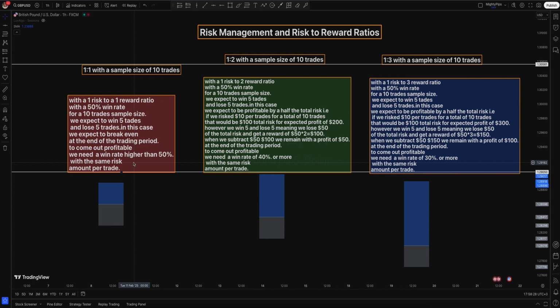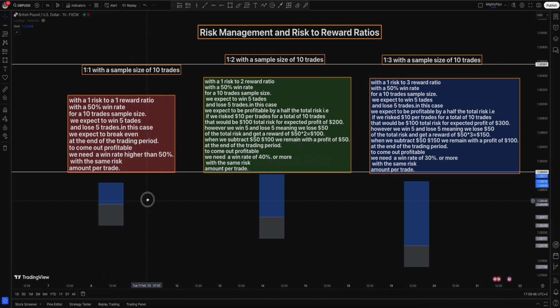That is going to take away some money from your account. When you're using a 1-to-1 risk to reward ratio, you will end up losing even if you are getting a 50% win rate. This is why you should avoid using a 1-to-1 risk to reward ratio in your trades.